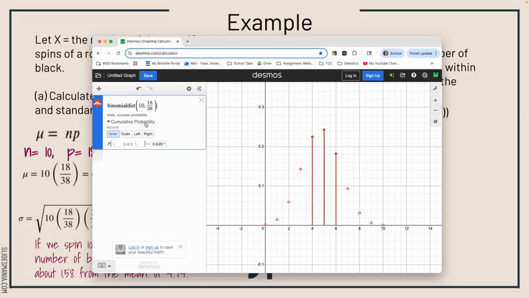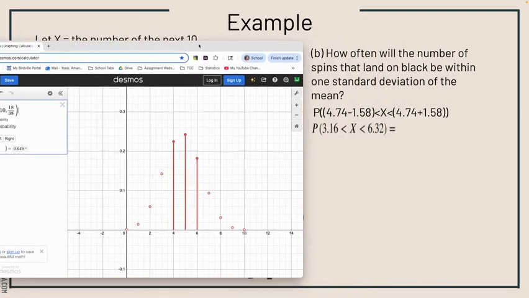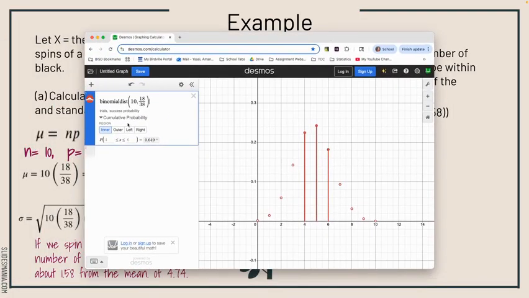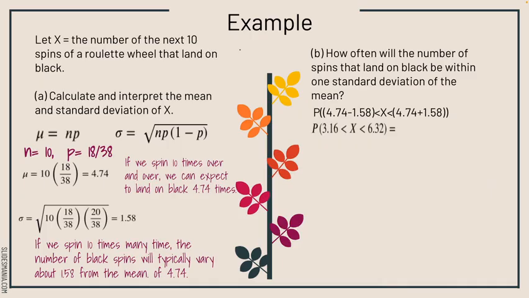You want cumulative, so we want it between 3.16 and 6.32. And we get this value, 0.649. So it's all the values in between and including 3.16 and 6.32. Okay, so that is with Desmos.